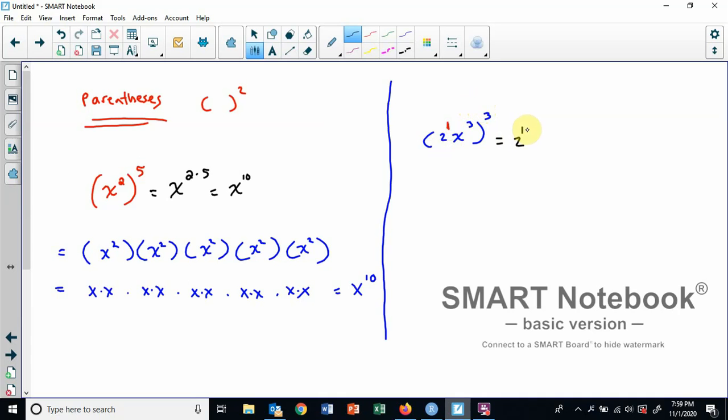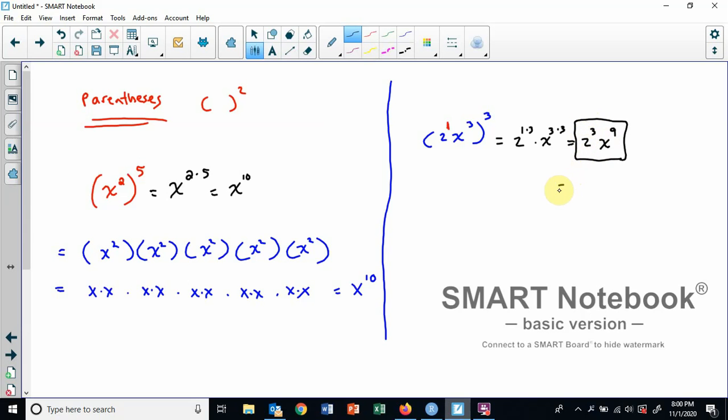So that'll be 2 to the 1 times 3, and x to the 3 times 3. Which simplifies to 2 to the 1 times 3, that's just 2 to the 3, right? And x to the, what's 3 times 3? That's 9. So there we go. Nice and simplified. We could do 2 to the 3rd. That's not too big of a number, is it? 2 to the 3rd is 8.